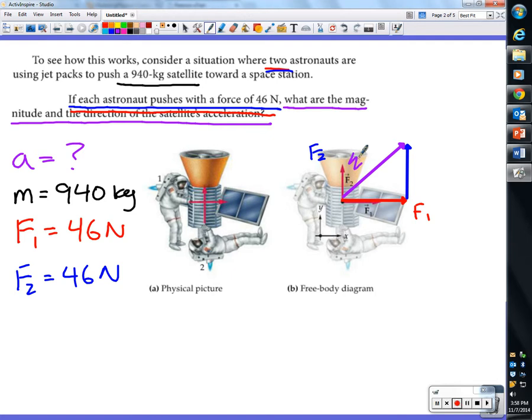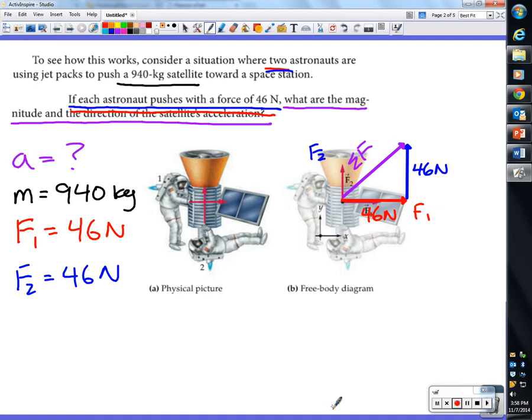And we learned back in the first part of this chapter that we use sigma F to represent the vector sum. Here, we know that F1 is 46 newtons, and F2 is also 46 newtons, but the resultant here isn't going to be 46 plus 46, 92. That's not going to be the case. In order to find that resultant, we have to use the Pythagorean theorem to find the hypotenuse of that triangle.